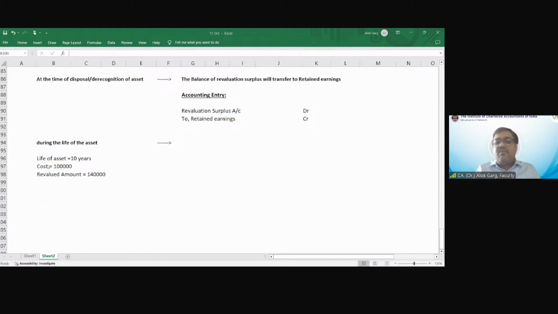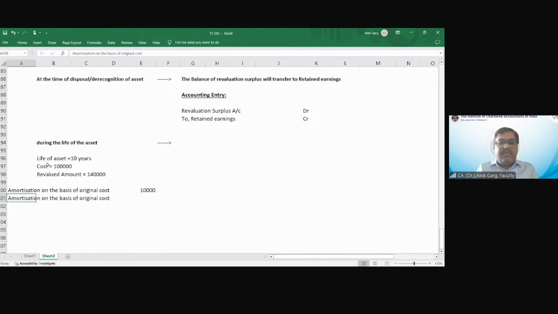So what is the amortization on the basis of original cost? 10,000. Very good. Amortization on the basis of original cost is 10,000: 1 lakh divided by 10.